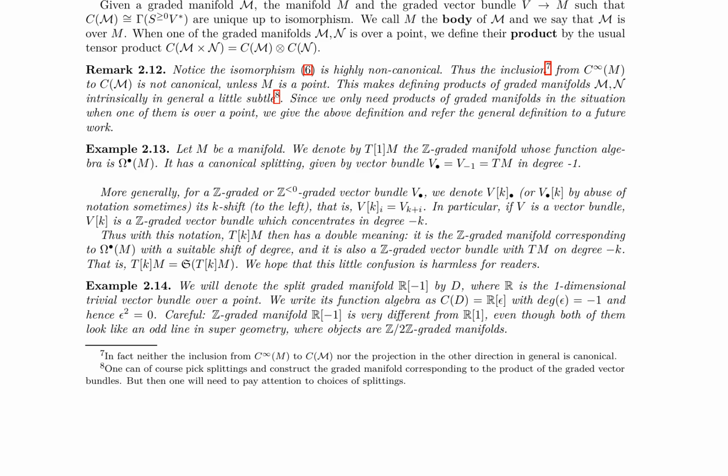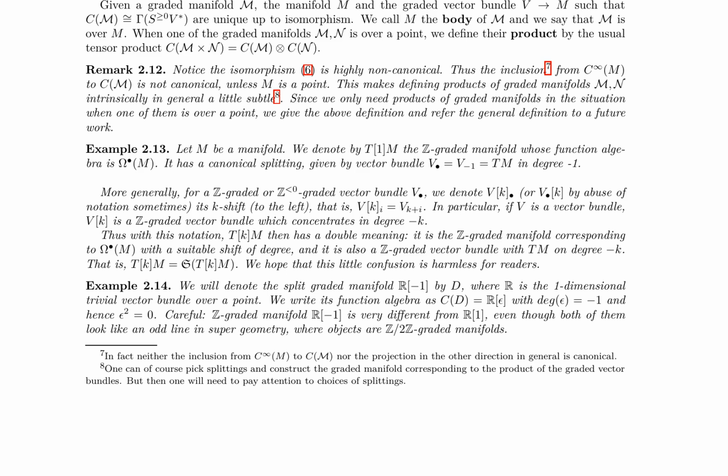The authors discuss the uniqueness of the manifold M and the graded vector bundle V → M such that the function algebra C(M) equals the sections of the symmetric algebra of V*, which are unique up to isomorphism. They define the body of M and state that M is over it. When one of the graded manifolds is over a point, the product is defined by the usual tensor product.